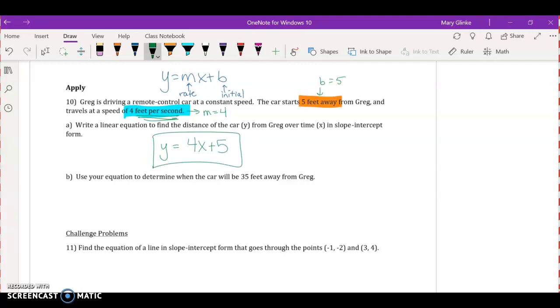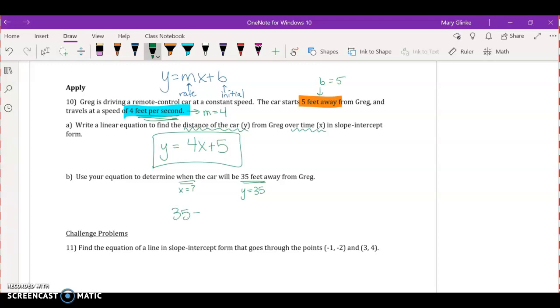Now we want to use our equation to determine when the car will be 35 feet away. Now this 35 feet could either represent x or it could represent y. Looking at the problem above, the distance was y, and time was your x value. So since we're looking for when, we don't know the time, but we're told that it ends up 35 feet away.